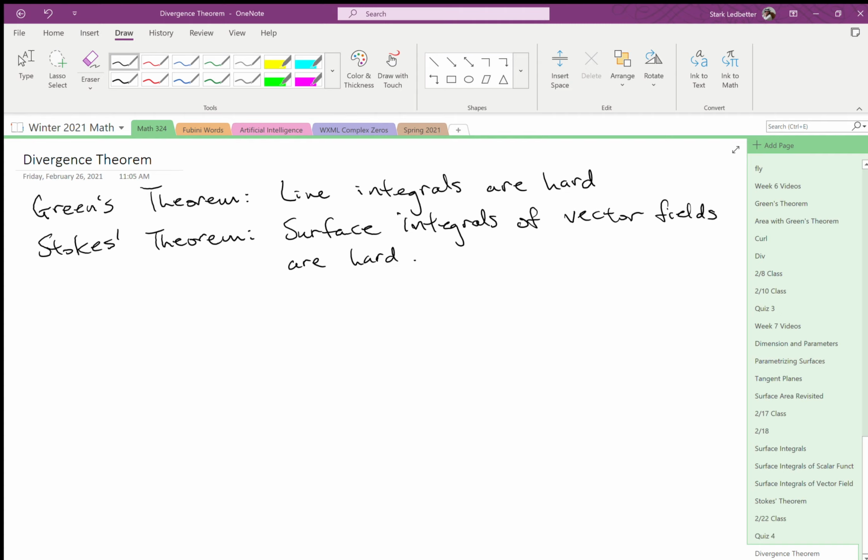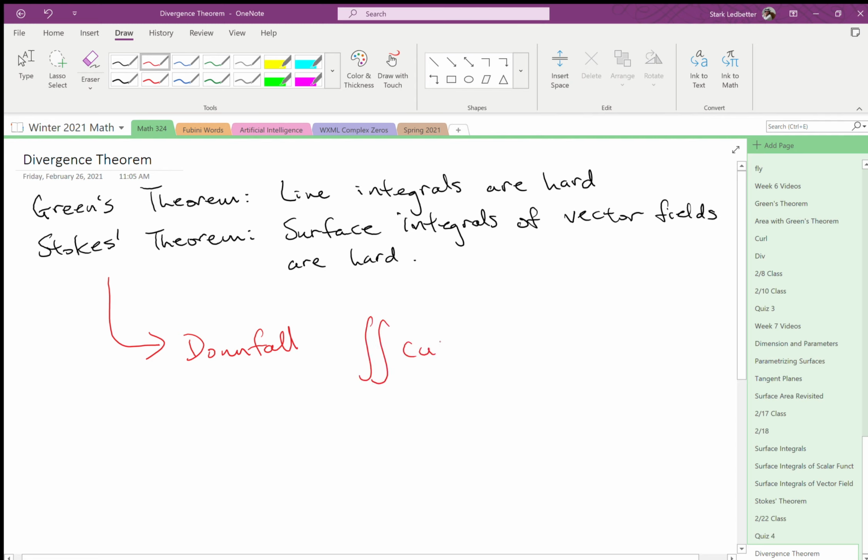The premise of Stokes' theorem was that surface integrals of vector fields are hard, and you could change those into a line integral along the boundary, possibly living in three-dimensional space. The downfall of Stokes' theorem is that it only talks about the integral of the curl of a vector field over a surface.